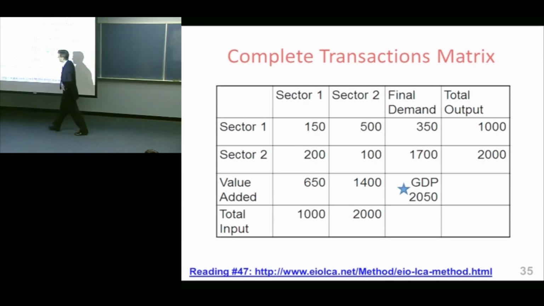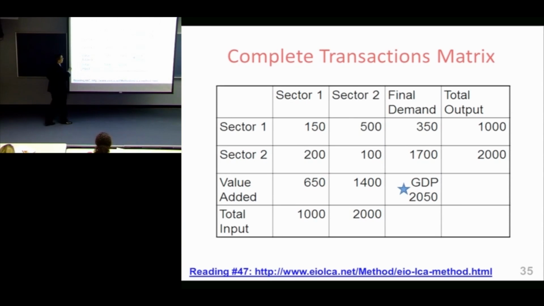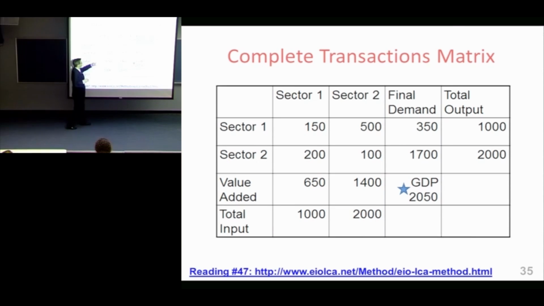And the input to the economy from Sector 1, if Sector 1 only purchased $150 from Sector 1, and only purchased $200 from Sector 2, but created an input to the economy of $1,000, then it must have had a value add of the difference.